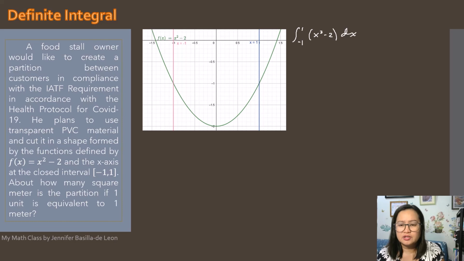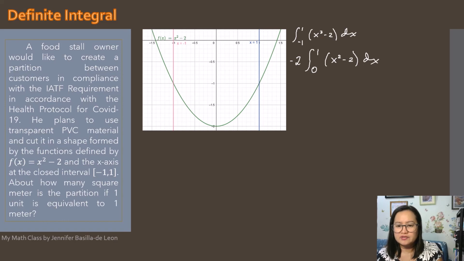Now remember that whenever we have additive inverses on the upper limit and the lower limit, and we have an even function, we can just multiply by 2. So instead of having -1 in the lower limit, we will have 0, and then the upper limit is 1. Then we have the function x squared minus 2.